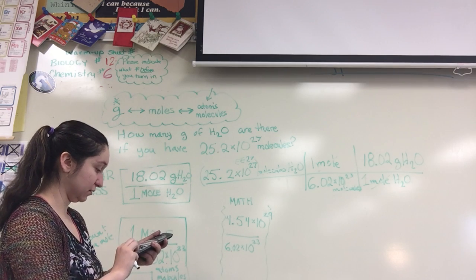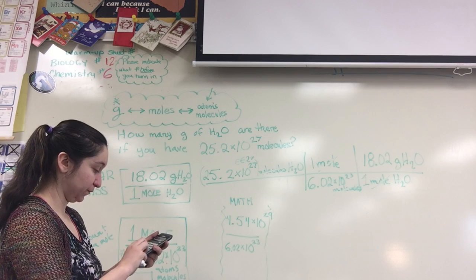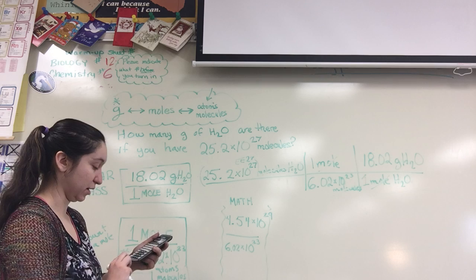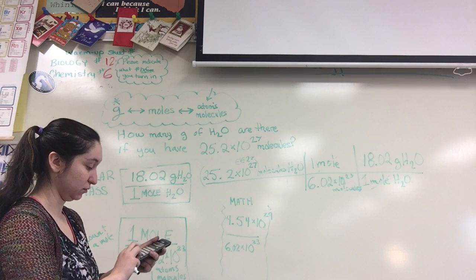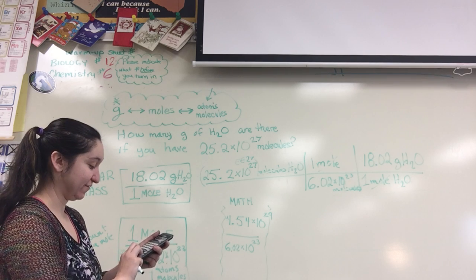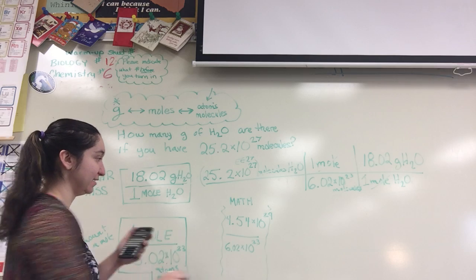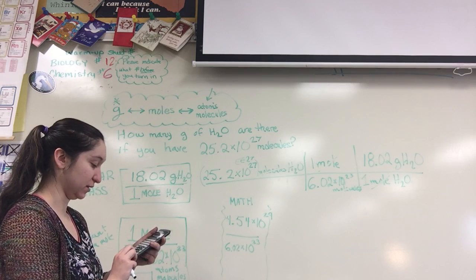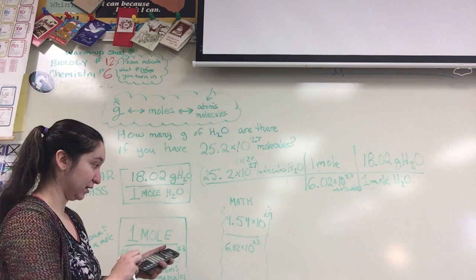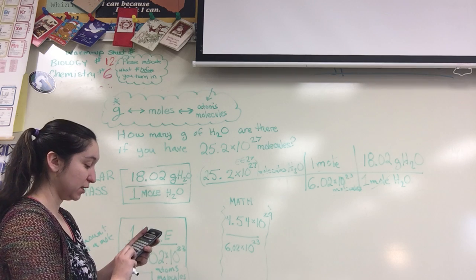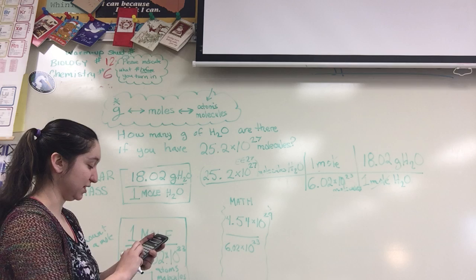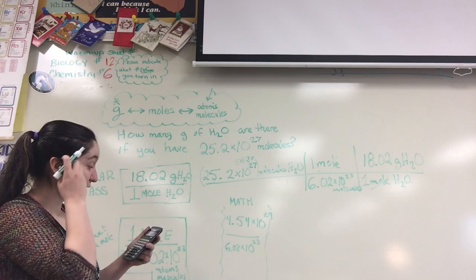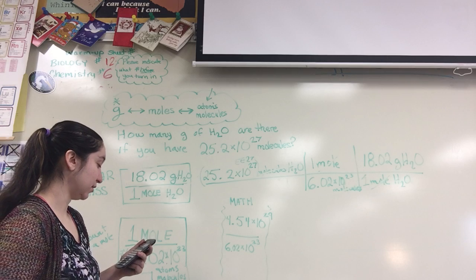So I take that, parentheses, 4.54, EE, don't forget that part, 29. Close your parentheses. Divided by, I'm going to put parentheses around this too, 6.02 EE 23, close my parentheses. And you should get a big number here.